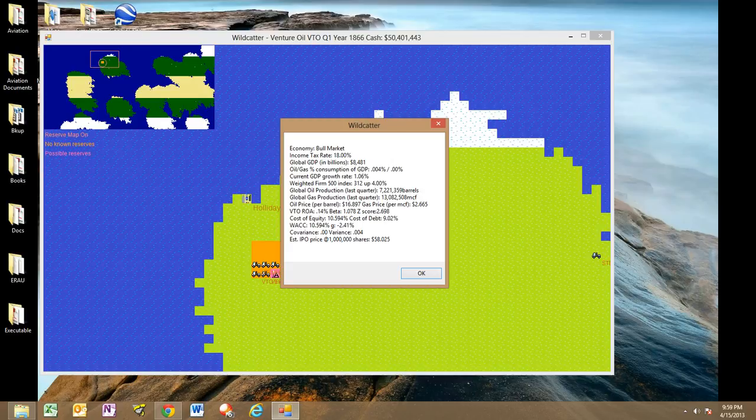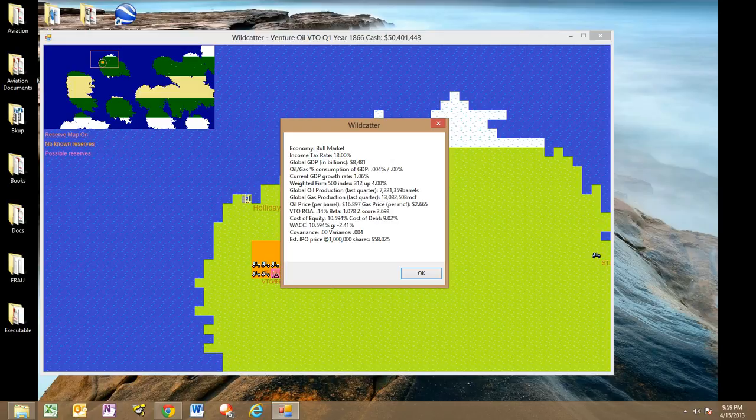The current GDP growth rate is 1.06%, but it is going to pick up because we're in a bull market. So that GDP growth rate will probably be higher the next couple of turns.